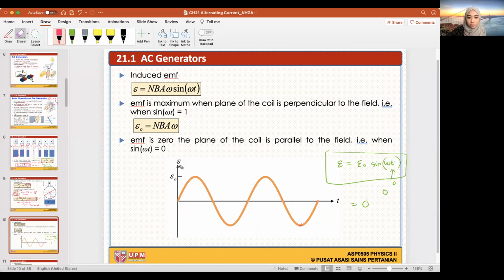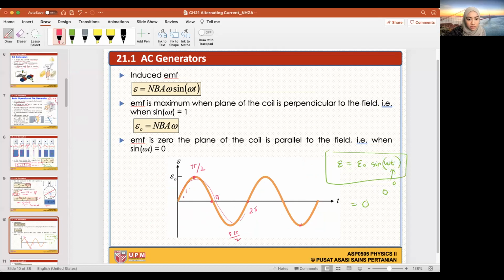Okay, sinusoidal, which means that it always needs to start from zero and it reaches a maximum at a certain angle. In this case, it is pi over 2. This is pi. This is 3 pi over 2. This is 2 pi. So one complete cycle is 2 pi. Half a cycle is pi.